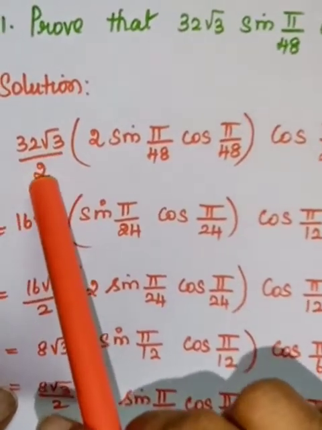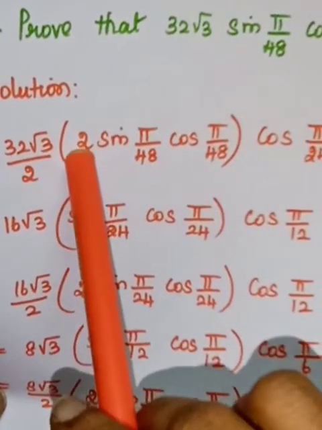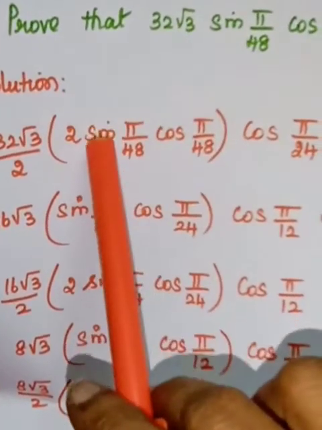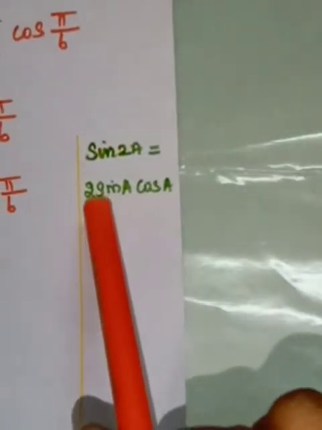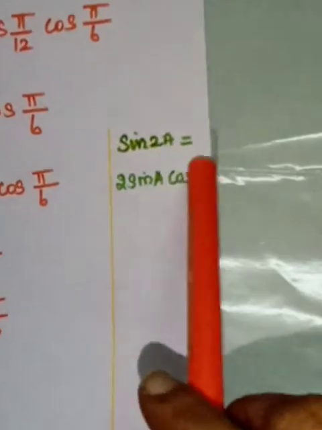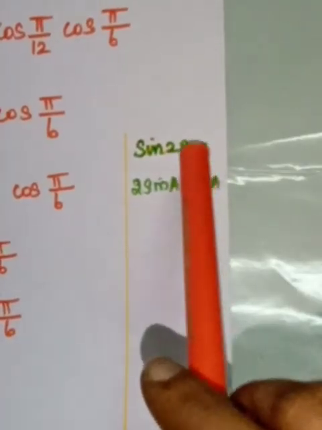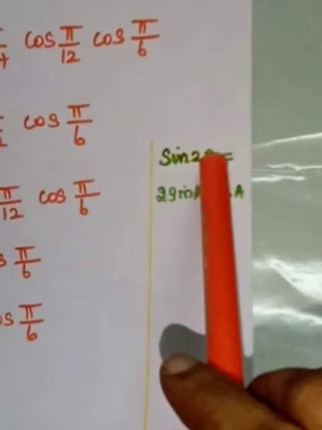So the division by 2 I have given to this number, and the multiplication by 2 I have given to sine pi by 48 and cos pi by 48. So you know that it is in the form of, what form? 2 sine A cos A. So what is the trigonometric identity for this? It is sine 2A.